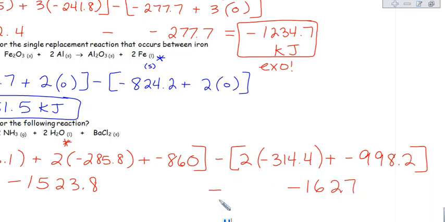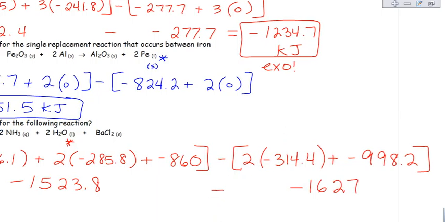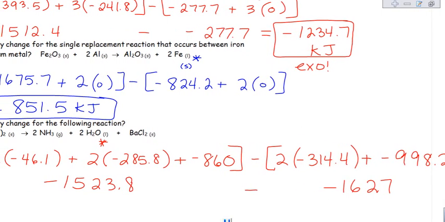So we have to be careful here. We have minus a negative. Aha! This one's going to be endothermic. 103.2 kilojoules. This one's positive, endothermic. We're going to run this one in class, and the endothermic reaction will absorb energy.